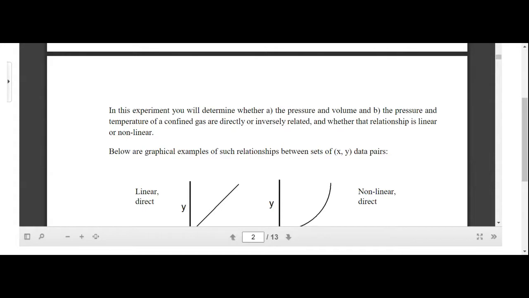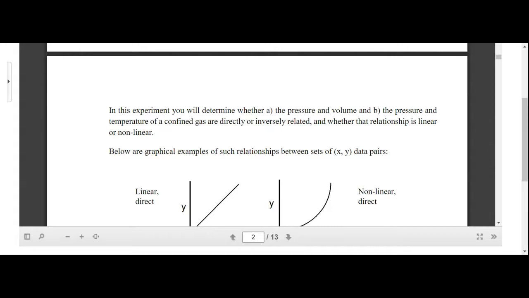If temperature goes up, pressure is going to go up, and that is because of the formula, pressure is force over area. When you increase the temperature, you are increasing the kinetic energy of the molecules of the gas. If they are moving faster, they have higher kinetic energy.